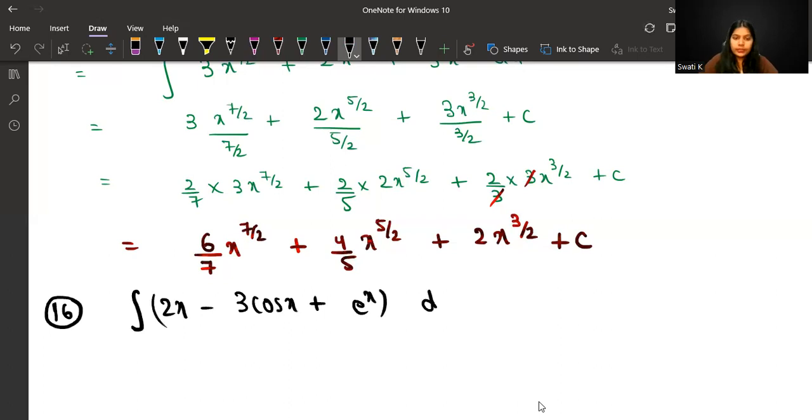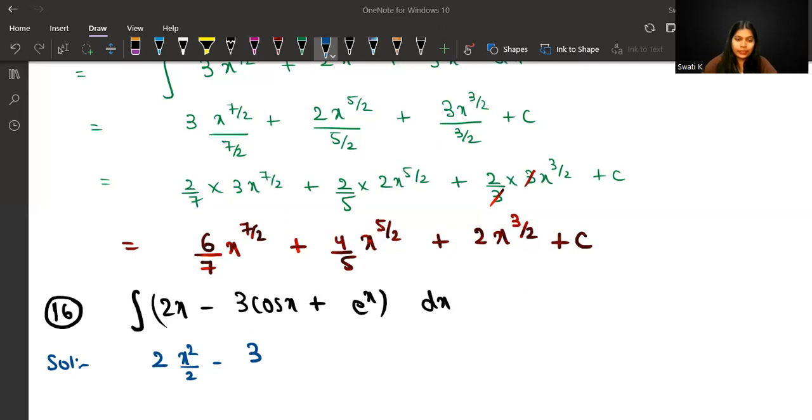So simply we will use the formulas and we'll get the answer for this particular question as well. So integration of 2x, it is 2. Integration of x is x square upon 2. Minus 3 outside. Integration of cos x, we all know integration of cos x is sin x. So simply it will become sin x, right?